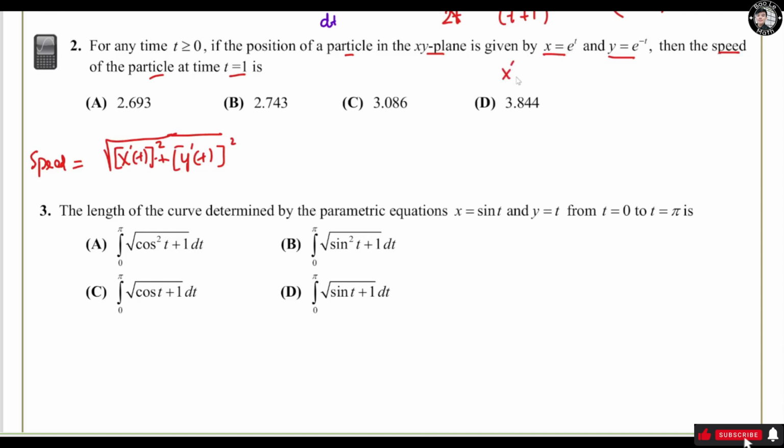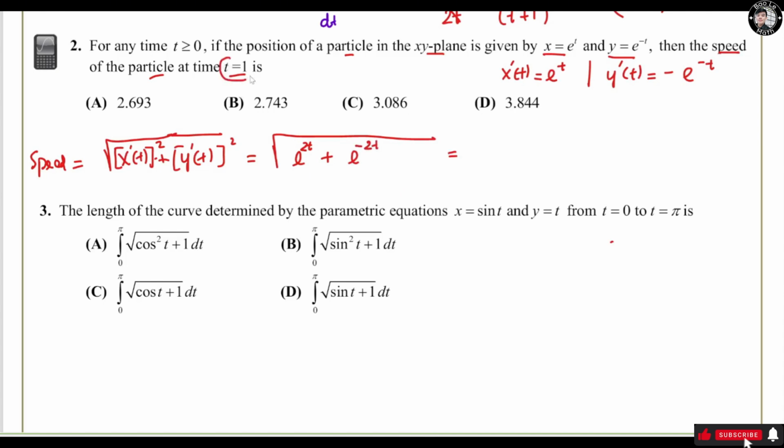So we have x prime of t equals e to the t, and y prime of t equals negative e to the negative t. So we substitute over here: square root of (e to the t) squared, which is e to the 2t, plus this one squared, which is e to the negative 2t.